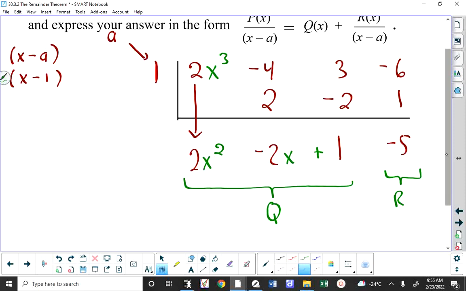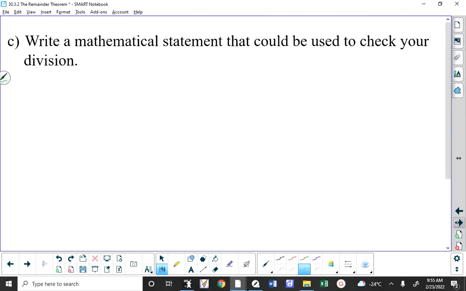All right, so what are we going to learn from this? And you'll get lots of practice with synthetic division. One thing you learn is you sure don't have to do long division. But there's something more important here. Write a mathematical statement that could be used to check your division. I'm not going to write this out.